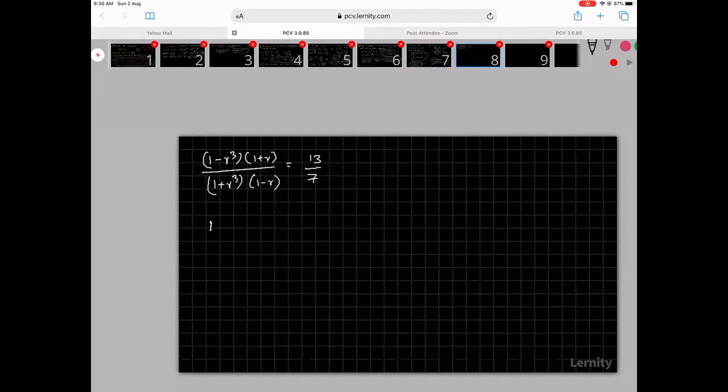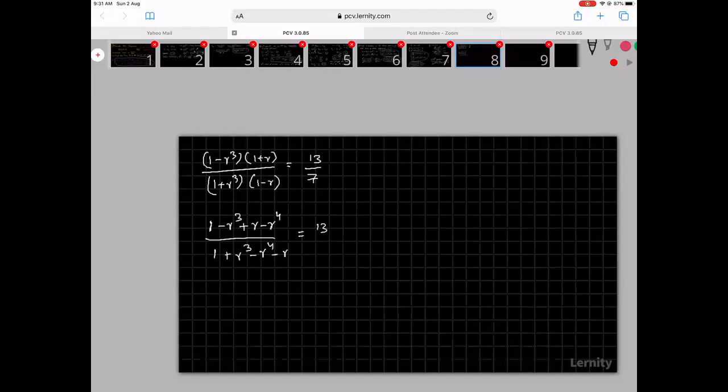So I'll get 1 minus r cubed plus r minus r power 4. Same thing we are going to get is equal to 1 plus r cubed minus r power 4 minus r is equal to 13 by 7.